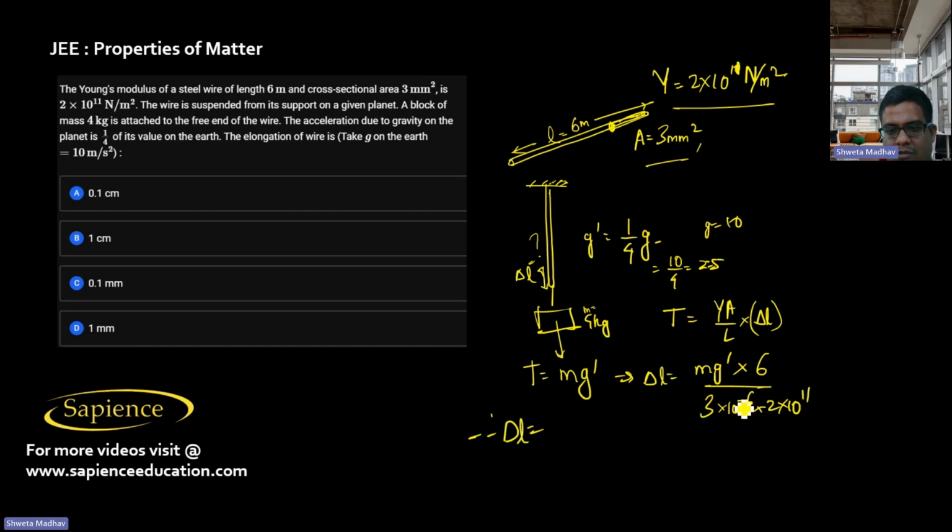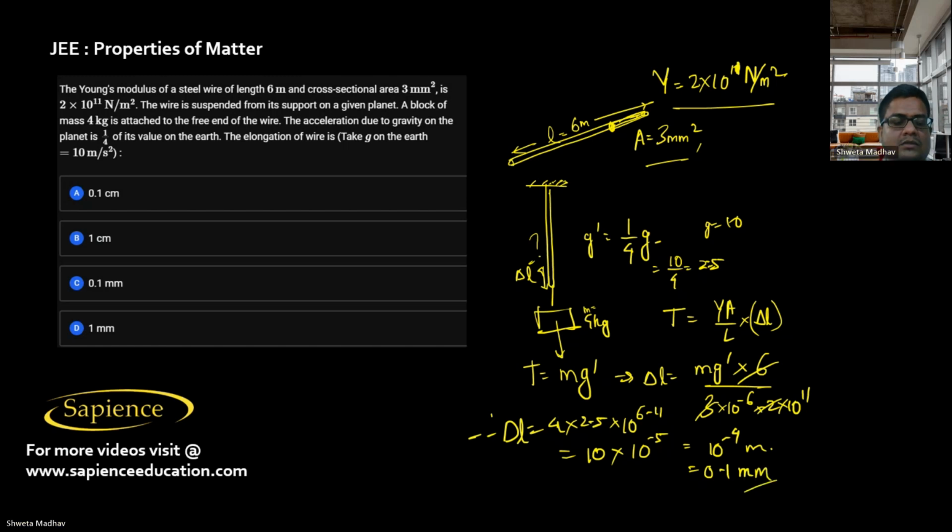Therefore, delta L will be, M is 4 kg, g dash will be 2.5, into 10 power 6 minus 11. This will be 4 into 2.5, that is 10, into 10 power minus 5. So this will be 10 power minus 4 meter. 10 power minus 4 meter means 0.1 millimeter. So 0.1 millimeter is the elongation of the wire. Option C is the correct answer.